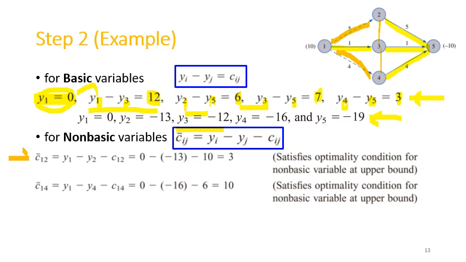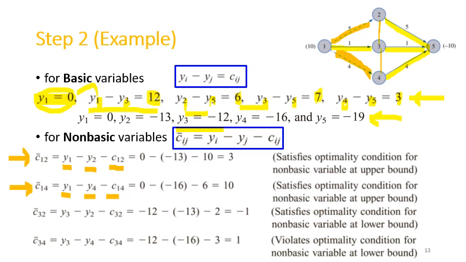So this is C12 hat. Use this formula. 1, 2 means y1 minus y2 minus C12. And then for this C14 hat, y1 minus y4 minus C14. And then do the same for C hat 32 and C hat 34.